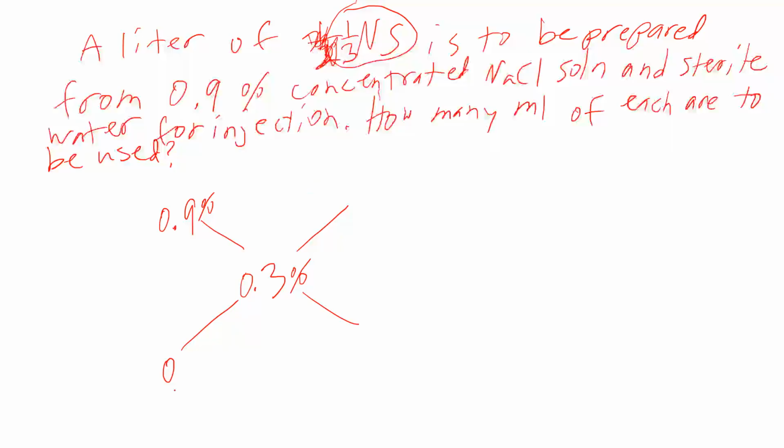The difference between 0 and 0.3% is 0.3. The difference between 0.9 and 0.3 is 0.6. And the total is 0.9.